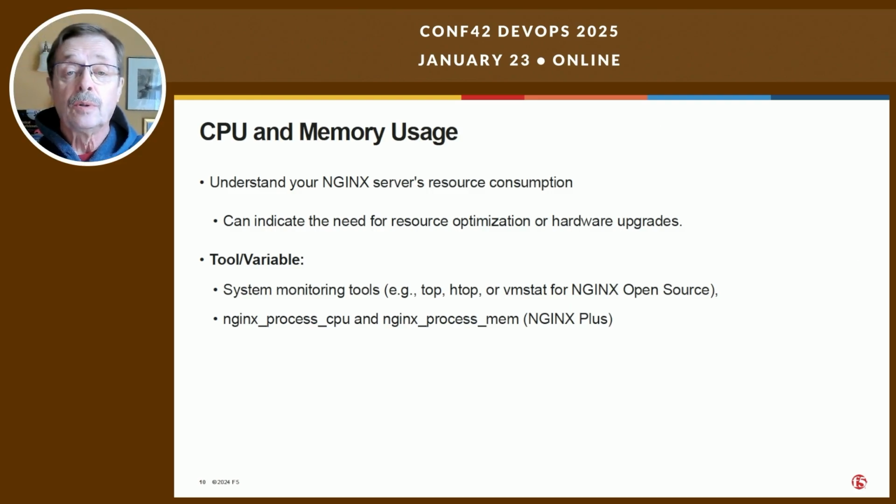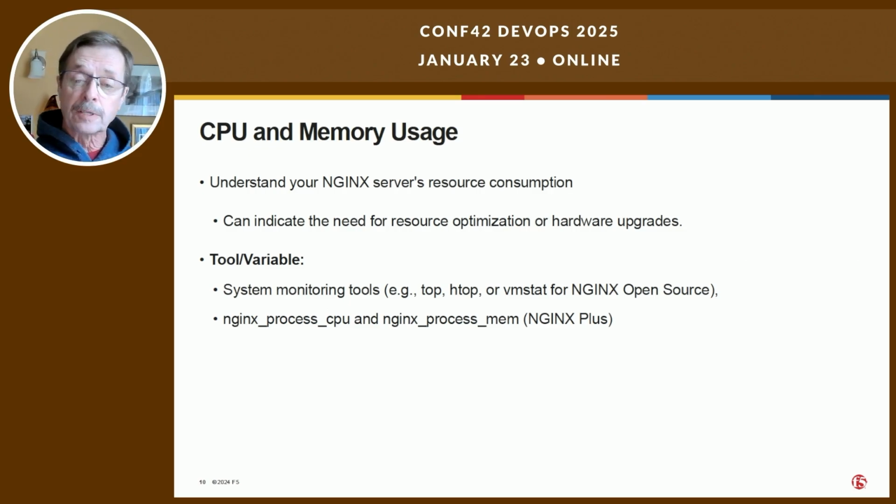We do still have to consider our underlying resources, CPU and memory usage. NGINX uses resources, even though it is designed to be small, efficient, and highly performant. You may still need to optimize the resources, especially as loads grow. And so looking at these can start telling you what your resource optimization is, whether you need hardware upgrades, as well as helping some of the planning aspects.